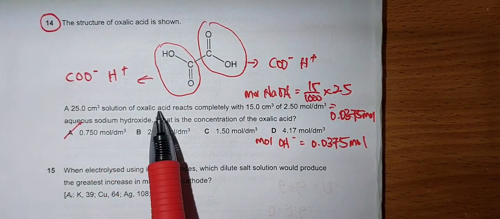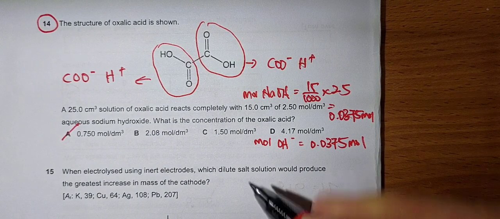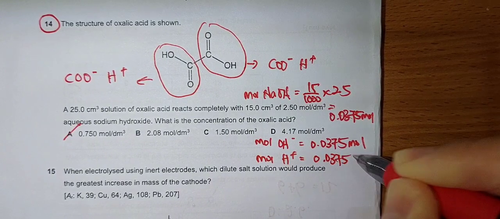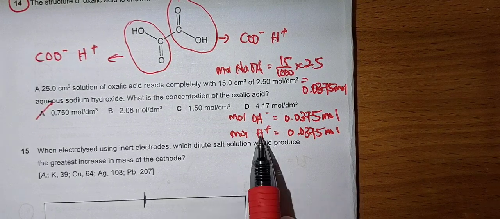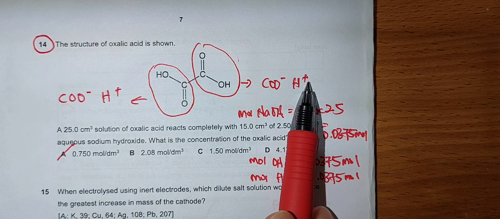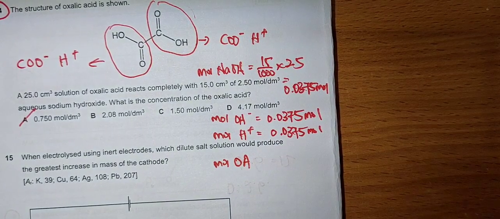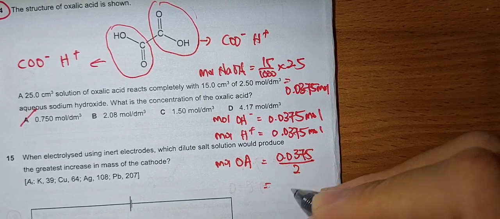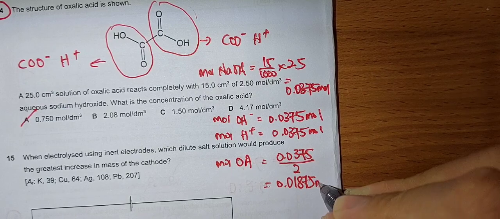Since the oxalic acid reacts completely with the sodium hydroxide, the number of mole of hydrogen ion is the same as the number of mole of hydroxide ion. Since 1 mole of oxalic acid produces 2 mole of hydrogen ions, the number of mole of oxalic acid is 0.0375 divided by 2, which is 0.01875 mole.